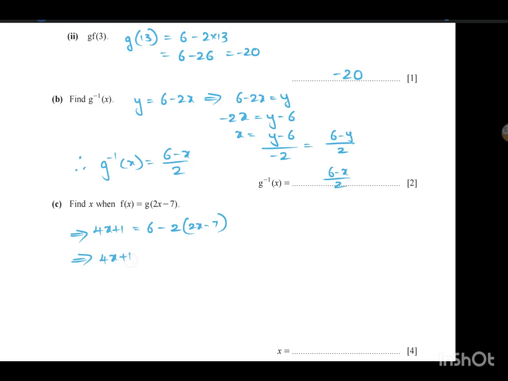Simplify to find x. 6 minus 2 into 2x is minus 4x plus 14. Bring all the x terms to the left hand side. Constant onto the right hand side. You get 8x as 19. So x is equal to 19 by 8.